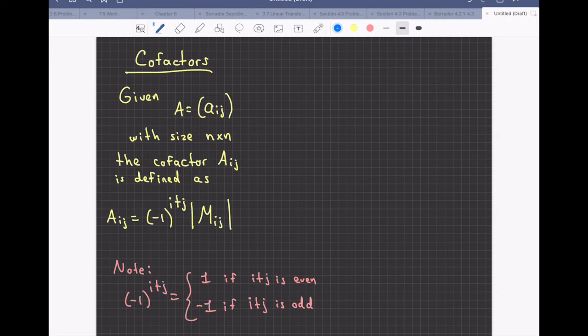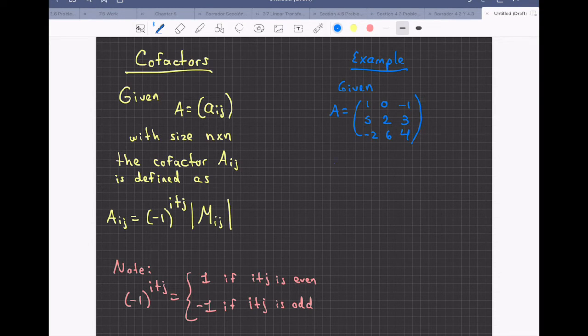Example. Given A equal to 1, 0, -1, 5, 2, 3, -2, 6, 4.